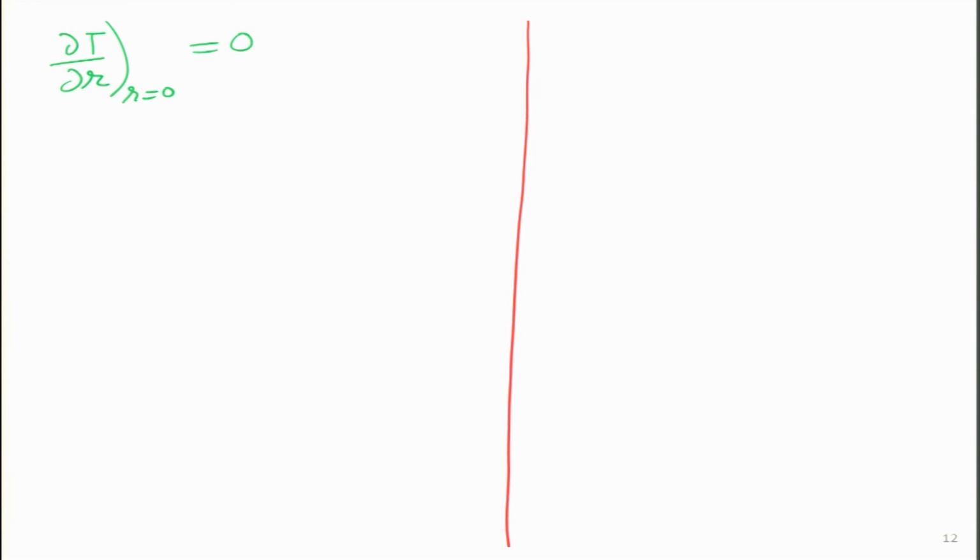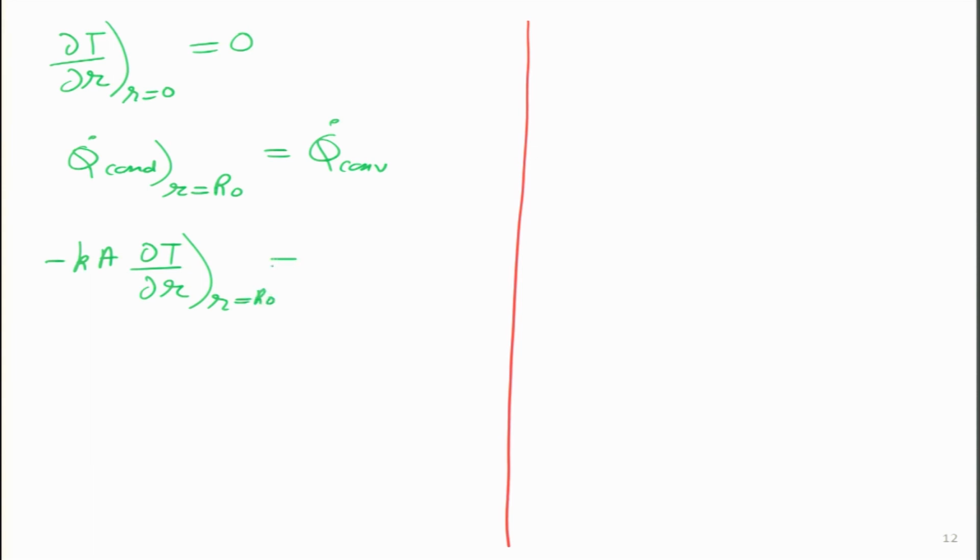And what is the second boundary condition that I can put over here? Again at the interface, the conduction at r equals r naught is equal to q dot convection from the surface. This conduction part I can write as minus K A del T by del r at r equals r naught, is equal to h A (T S minus T infinity).